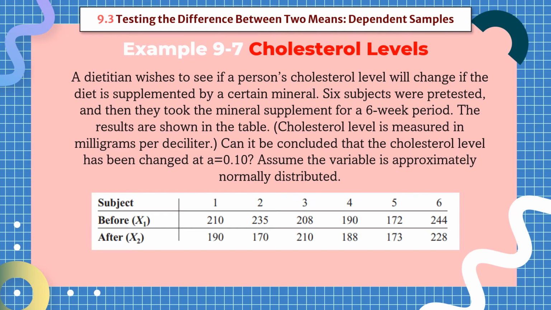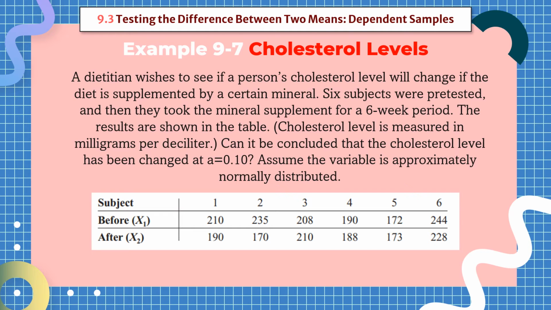So next example, we have example 9-7, cholesterol levels. A dietitian wishes to see if a person's cholesterol level will change if the diet is supplemented by a certain mineral. 6 subjects were pre-tested, and then they took the mineral supplement for a 6-week period. The results are shown in the table.